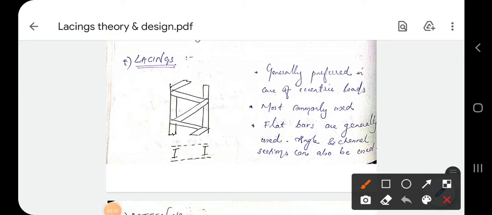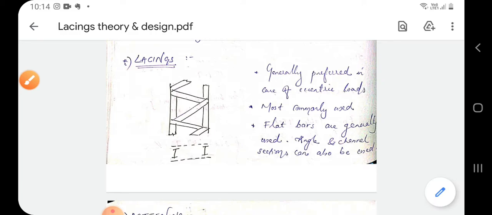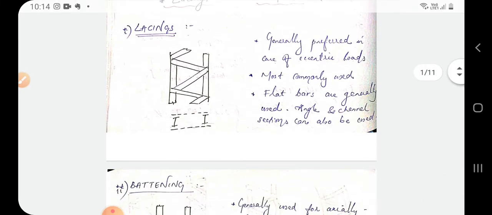Generally lacings are preferred in case of eccentric loads, and they are the most commonly used type in built-up members. As lacings we can use flat bars, which is most common, and also angle sections and channel sections can be used as lacings.